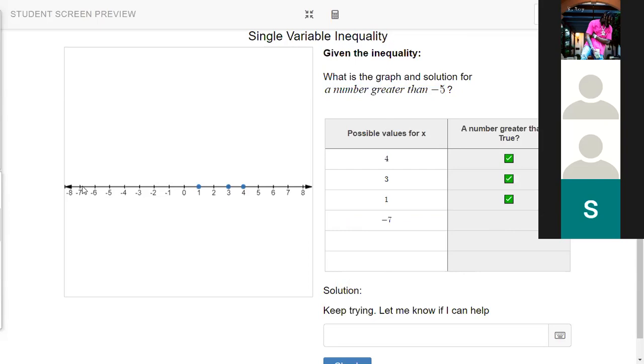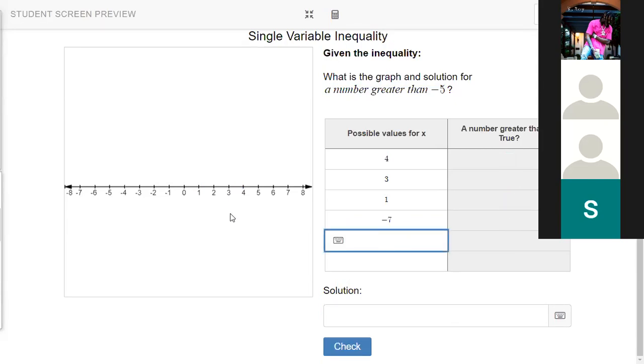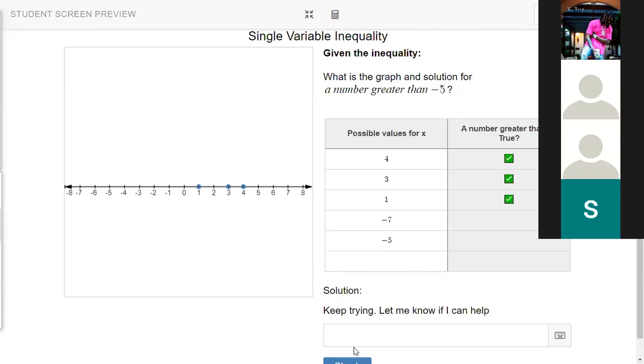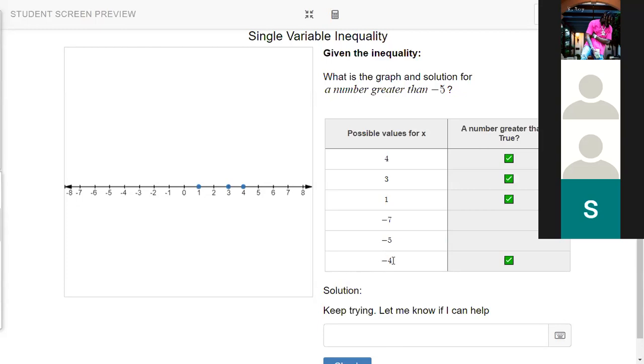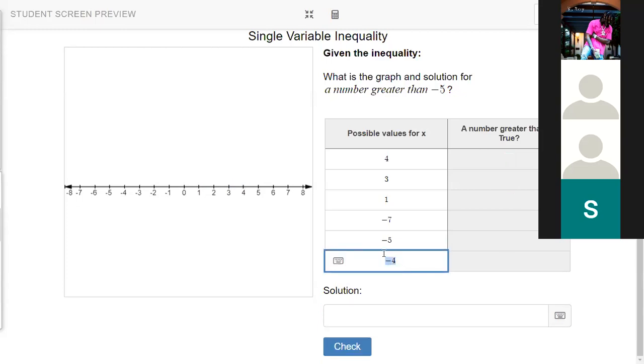So what I want to do here is check and see. All right, -7 won't graph because it's not going to be part of this group, and there's no check mark. So can we see where the point would be? What about -5? Or -4? So -4 works. It's greater than -5. Why does -5 not work?